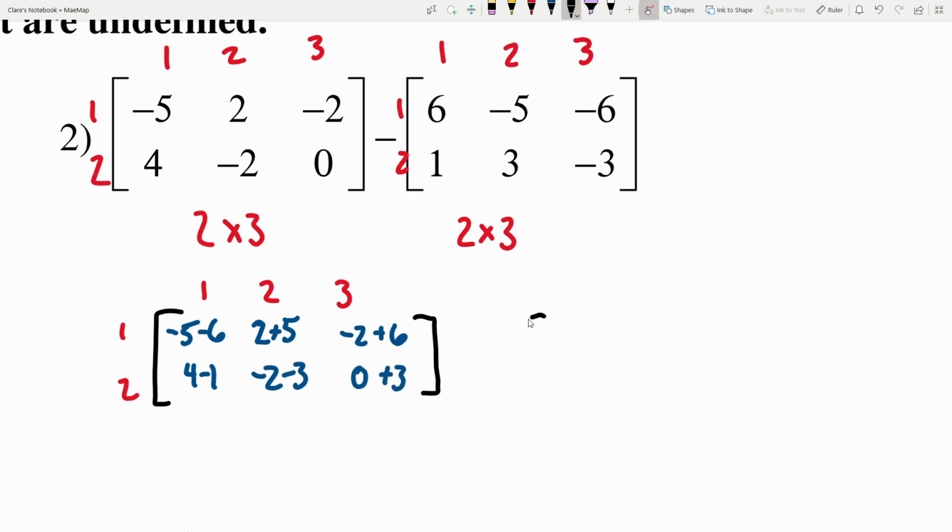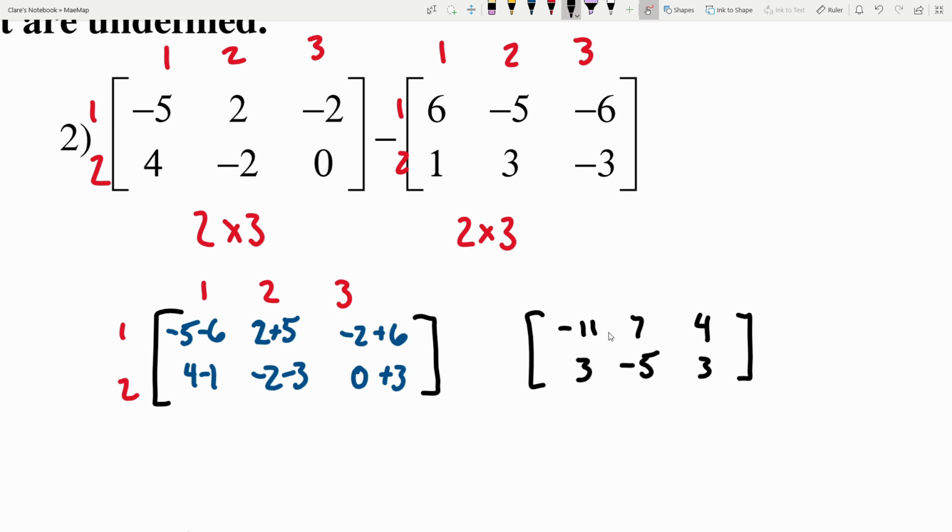Now I'll rewrite this matrix, doing out the math. Negative 5 minus 6 is negative 11, 2 plus 5 is 7, negative 2 plus 6 is a positive 4, 4 minus 1 is 3, negative 2 minus 3 is negative 5, and 0 plus 3 is 3.